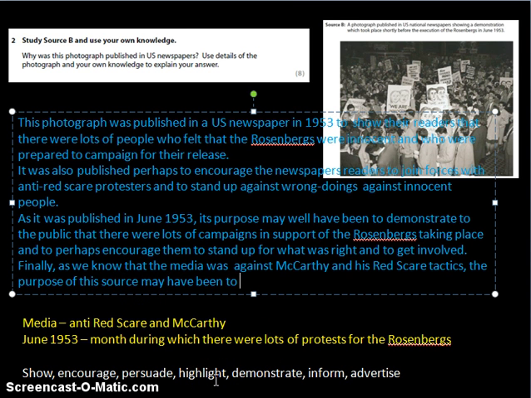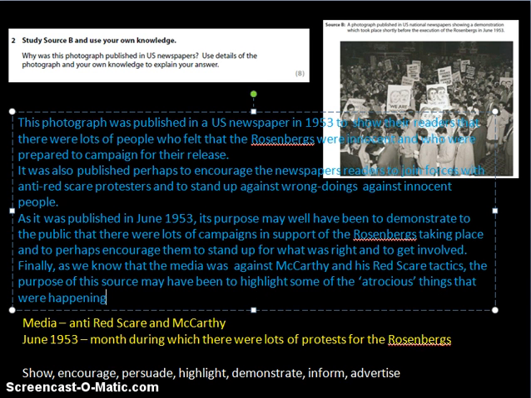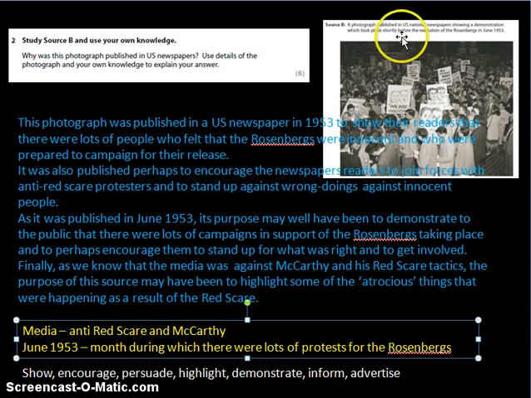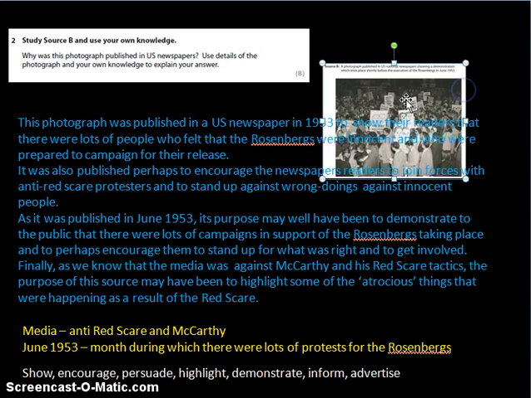We haven't used highlight yet. Highlight some of the atrocious things that were happening as a result of the Red Scare. So really quickly, let me just minimize this.